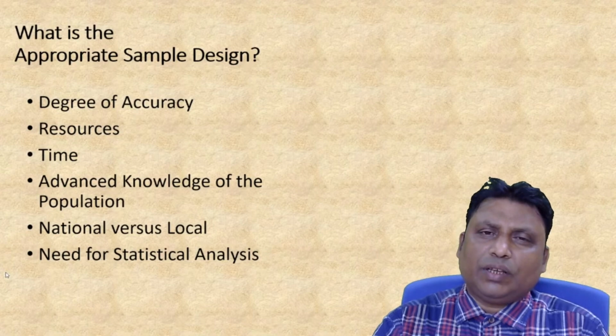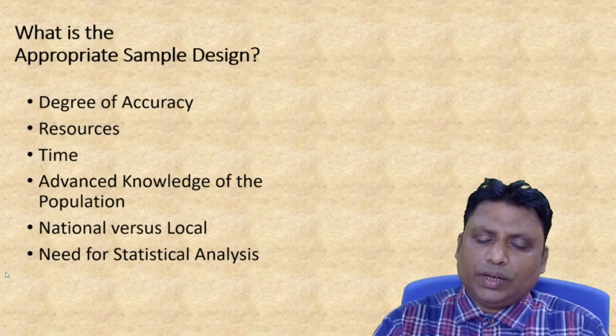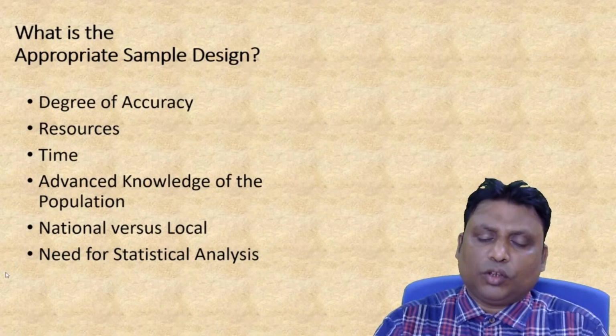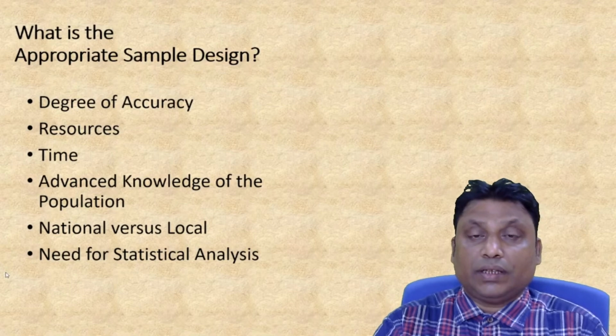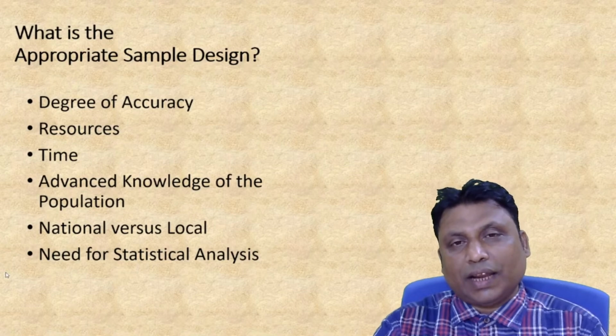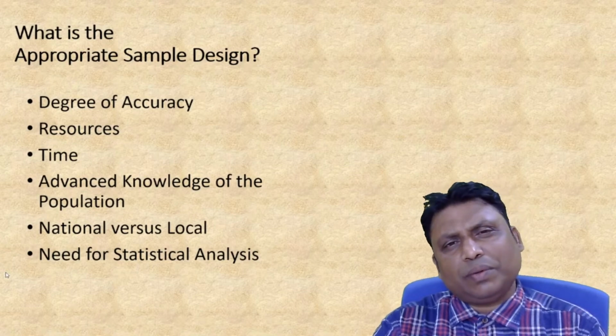So degree of accuracy is very important. Whichever technique we are using, our sample should be accurate. Otherwise, you will face difficulties in collecting the data. Then, what are the resources? What time is required? Time frame is very important.